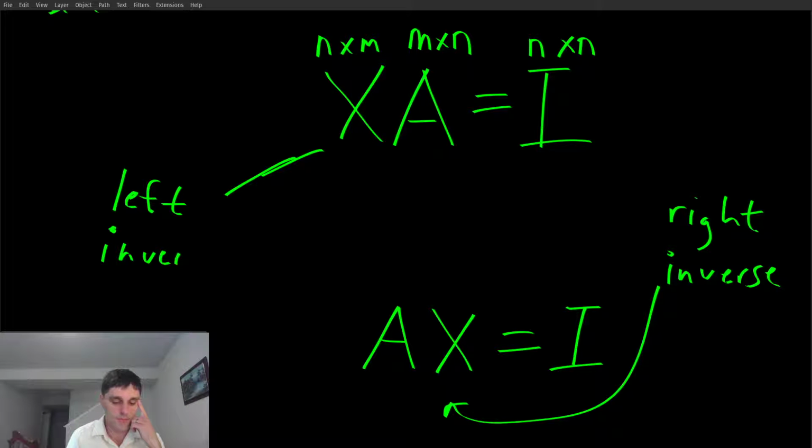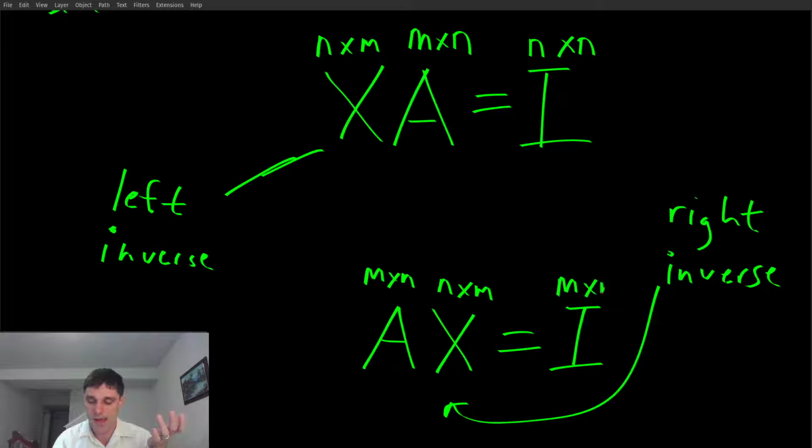And in a similar way, if you work this out, this has to be n by n, and this one is going to have to be n by m. So it's the same shape as A transpose in either case. But the size of the identity matrix is different because now this identity matrix is m by m.